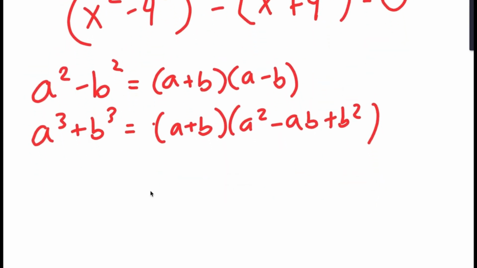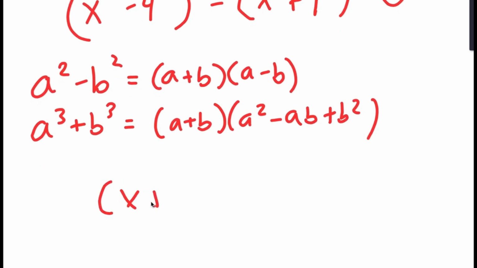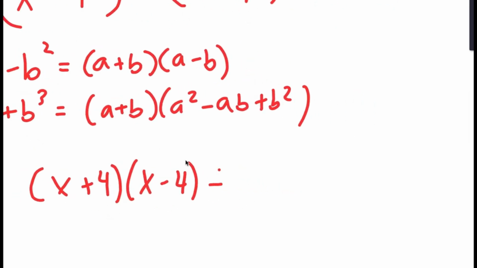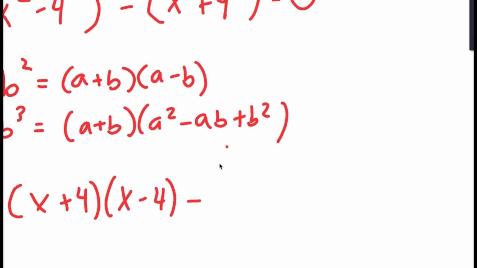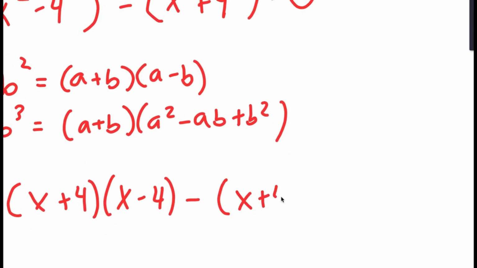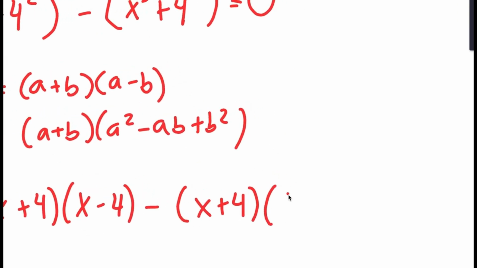So for x squared minus 4 squared, it's going to turn into x plus 4 times x minus 4. And x to the power of 3 plus 4 to the power of 3 is going to turn into x plus 4 times x squared minus 4x plus 16.